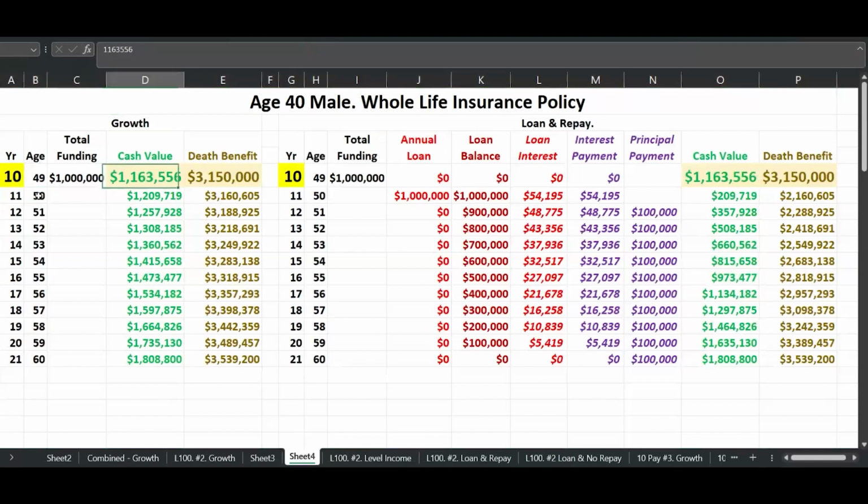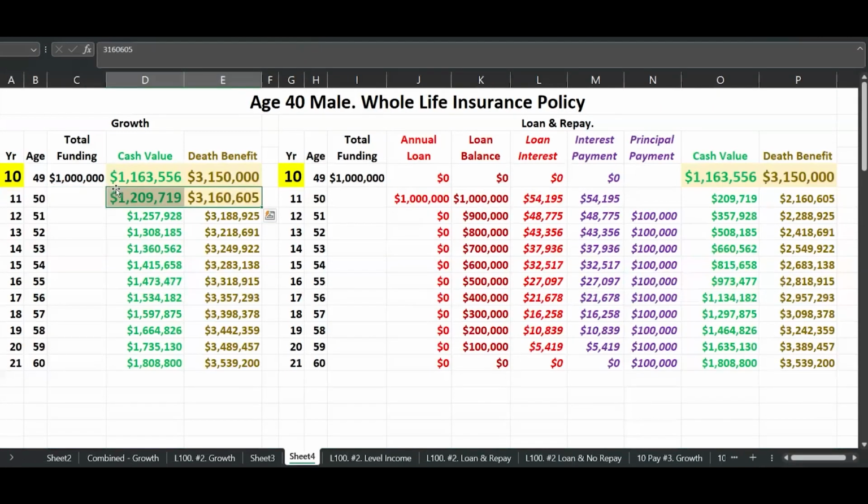Your cash value grew from 1.163 to 1.209 million. So you've got a little bit more than $40,000 in growth and you paid nothing into the policy that year. So keep that figure in mind along with the death benefit. See that? Scroll your eyes to the right and look at your cash value and death benefit.